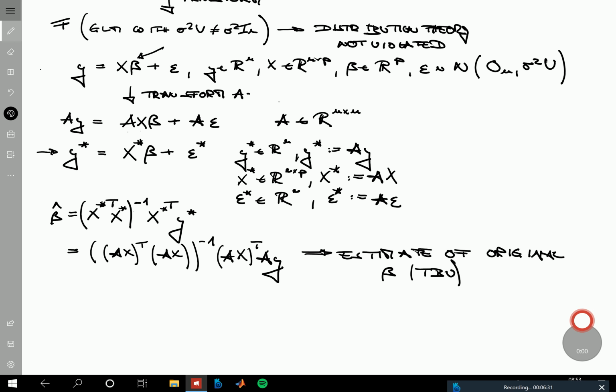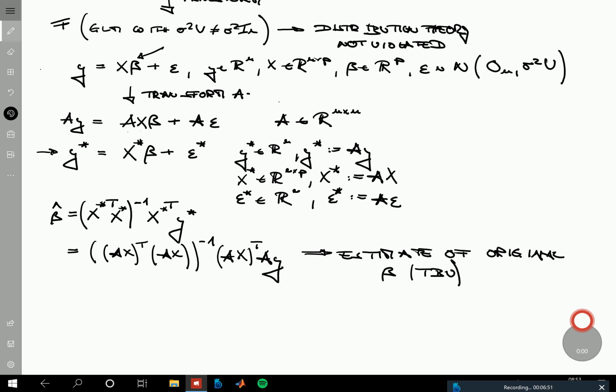So far we've just shown that we can transform a GLM by multiplying everything with a matrix, and then if we estimate the beta parameter, we still get an estimate for the true but unknown beta parameter, which is good. So the transformation doesn't change the parameter that we're interested in estimating.